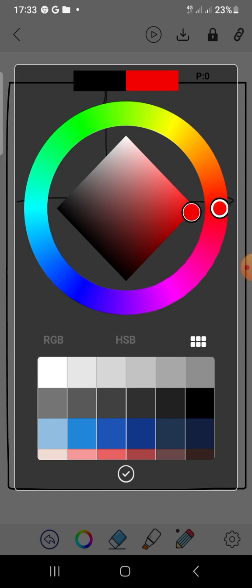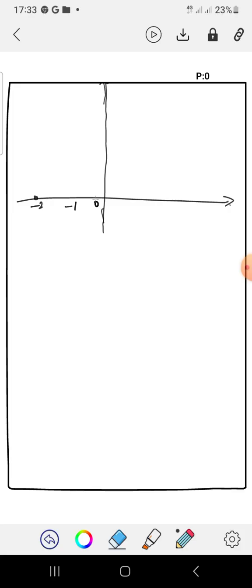I'm going to mark the dots like that. This is the origin. This is 1, this is 2, this is 3, this is 4, and this is +1 on the y-axis. This is 2, this is 3, and this is 4.